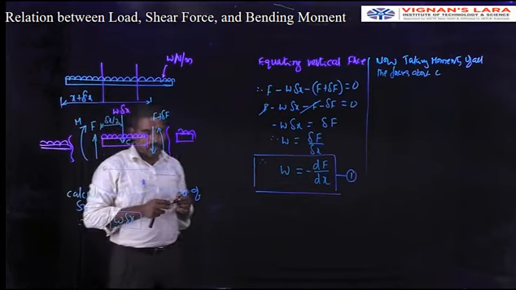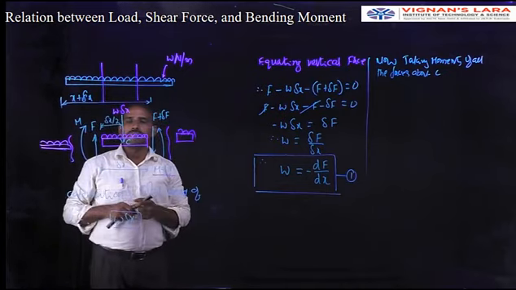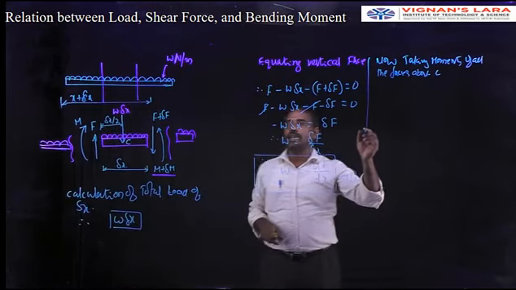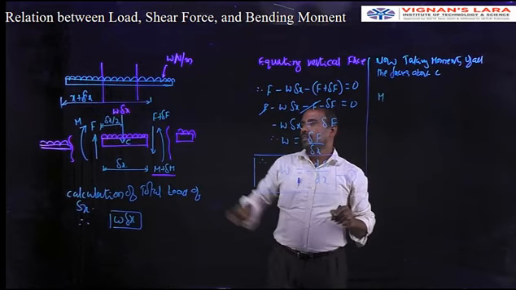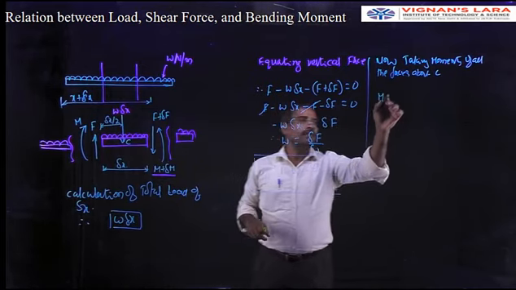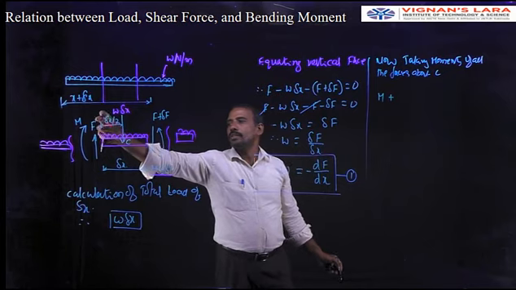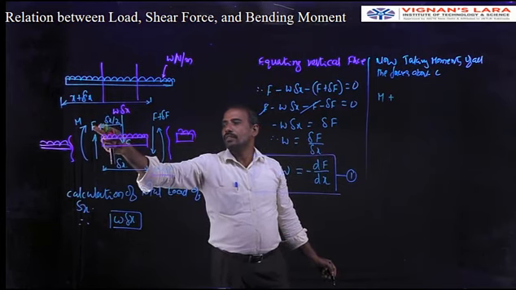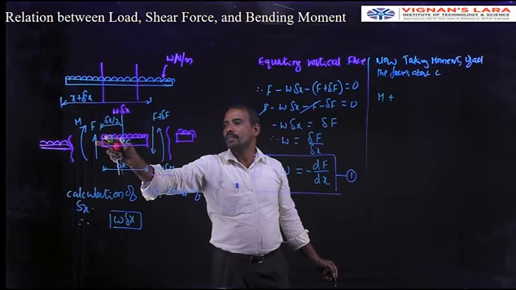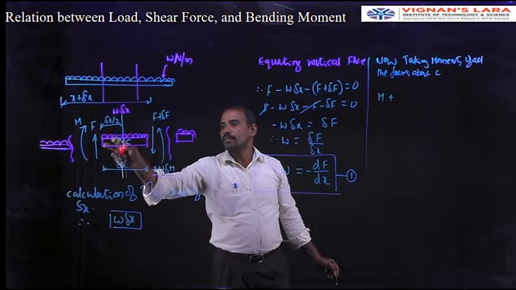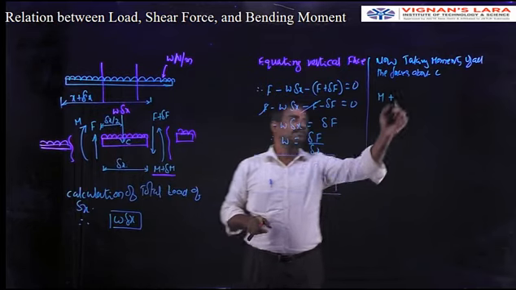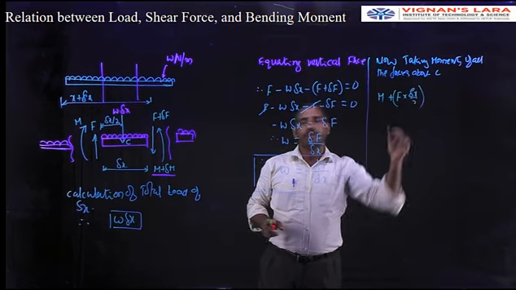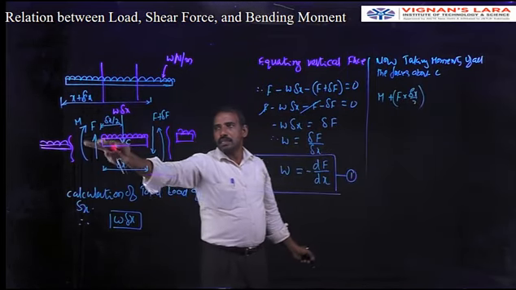We know the perpendicular distance with respect to C and the direction of F. So M produces clockwise, plus the moment produced by F with respect to C. You know the magnitude of the force F and the perpendicular distance from the line of action of F to the moment center C is delta x by 2. That is F into delta x by 2, and it produces clockwise.